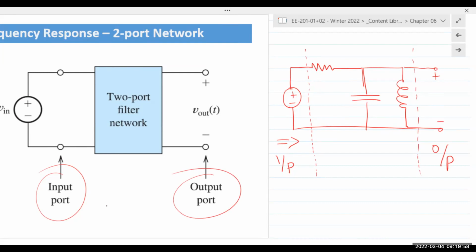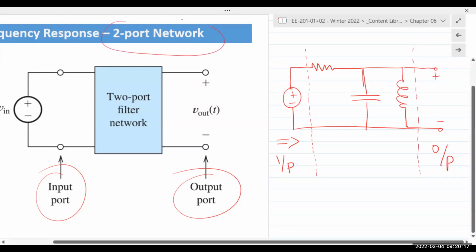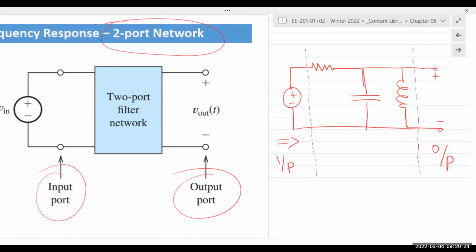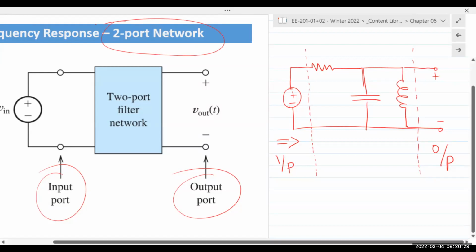On the right side, we'll say it is the output port. Each of these ports is comprised of two terminals, one positive, one negative. So we refer to them as a two-terminal, two-port network. Hence the phrase two-port networks.